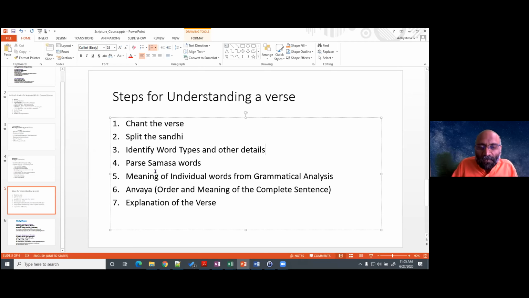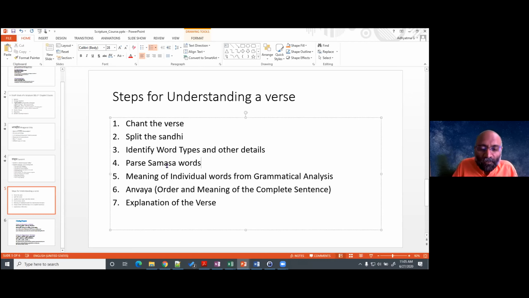Then next is samasa, compound words. So just like sandhi, where two words come together in a sentence because they happen to be close to each other, compound word or samasa is a formation where words come together to make one word, to have a single meaning.